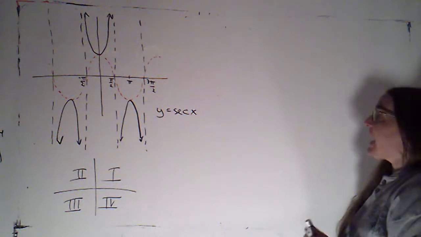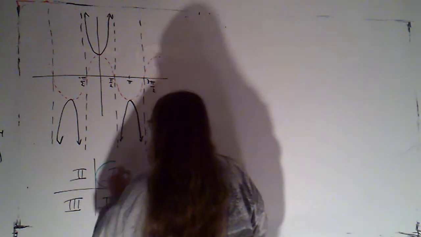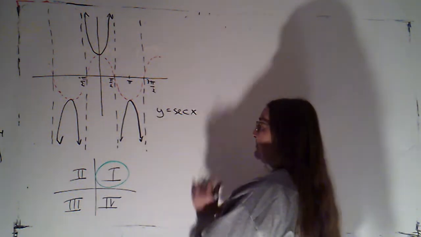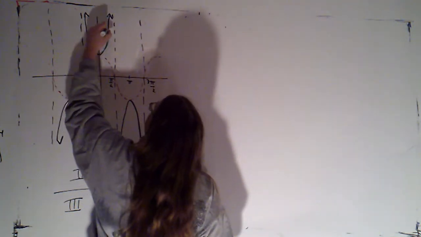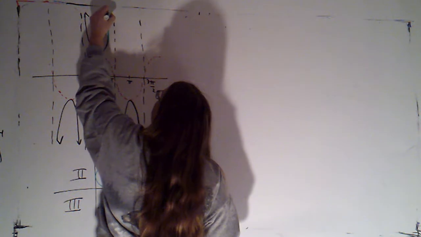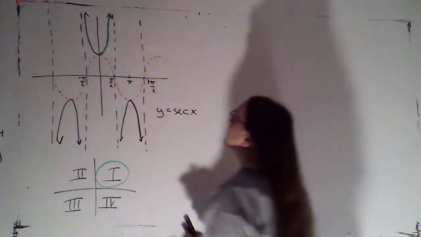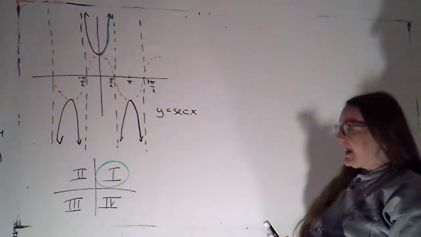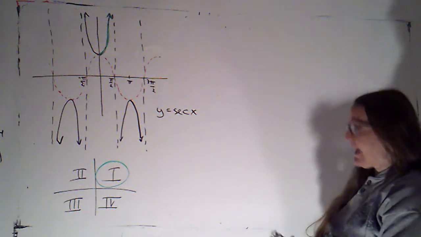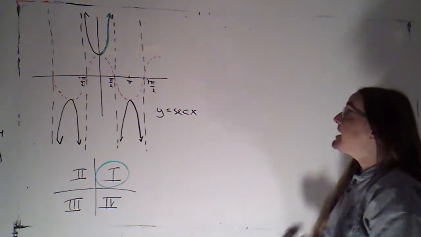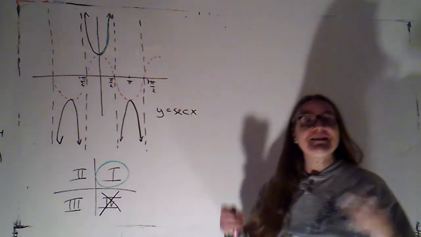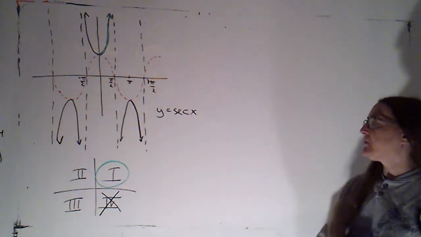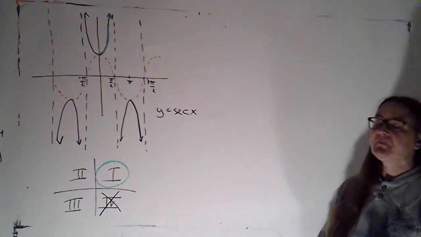So we're going to work through this one together. All right. I do know that I always like to choose the standard copy of quadrant 1, the interval from 0 to pi over 2, which corresponds to quadrant 1 and my acute angle. So I'm keeping that, okay? I can rule out quadrant 4 because in quadrant 4, secant is also positive and I don't want to repeat my positive values.